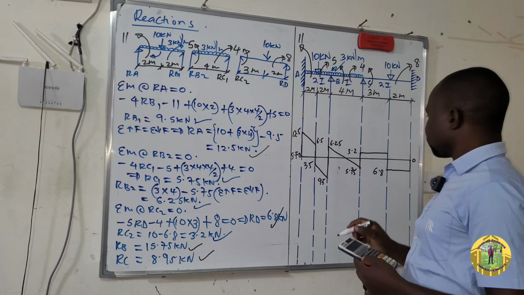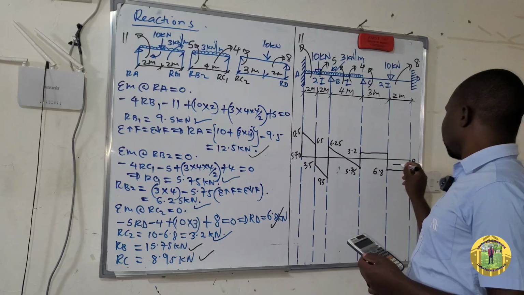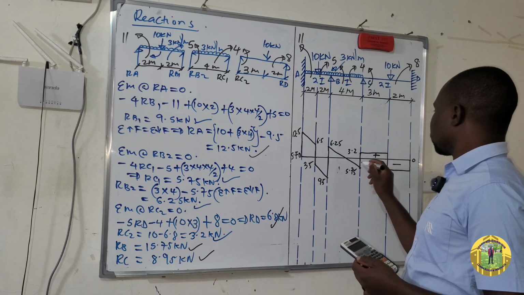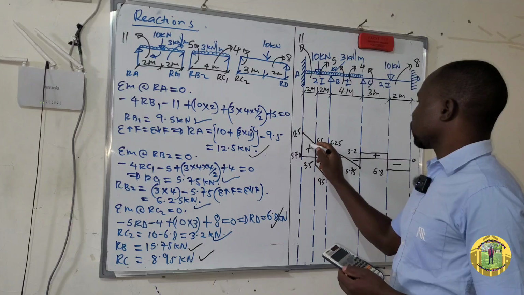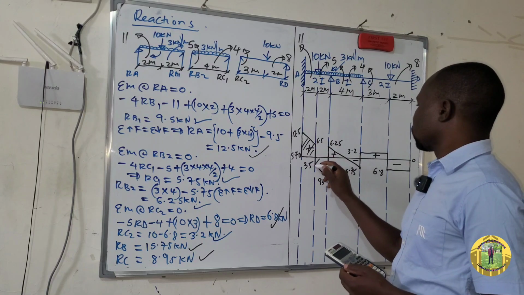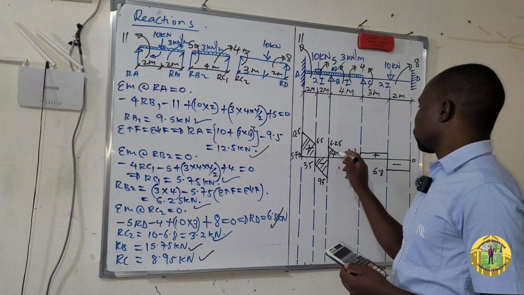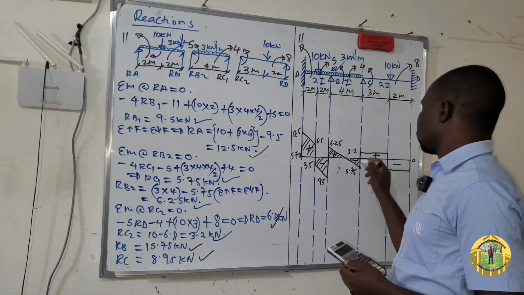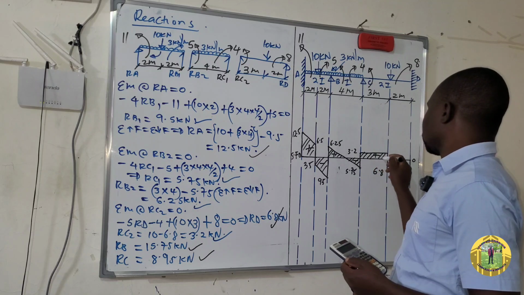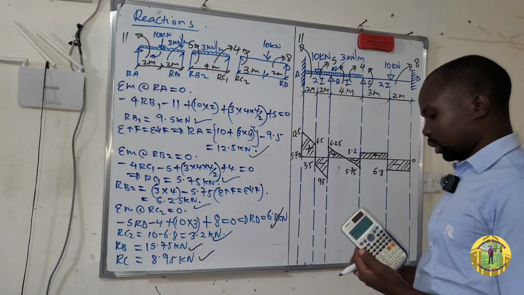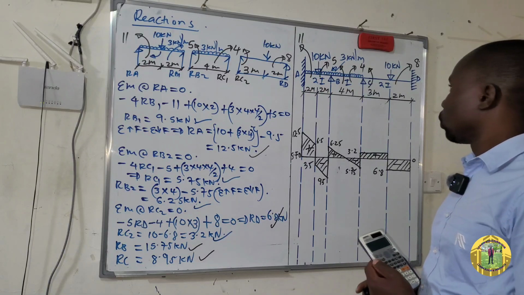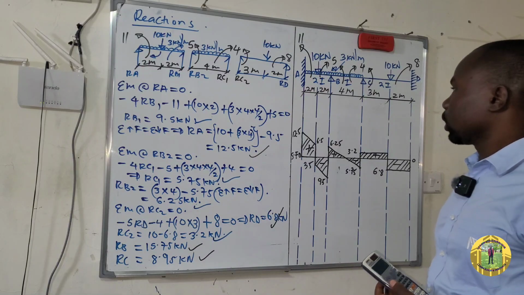This is 0. So this is minus, plus, minus, plus, minus, plus. Like that. By doing so, we are done with the shear force diagram.